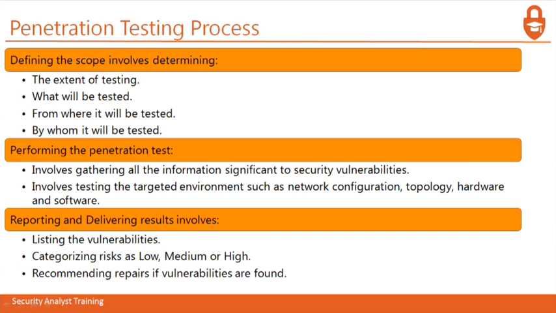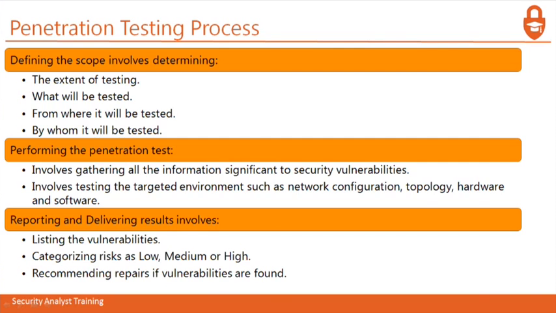So you need to know the range of your testing. Where does it start? Where does it stop? The testing criteria can target the entire network and system, or it can simply target a device, such as your web servers, routers, firewalls, DNS servers, mail, etc. So you have to define that beforehand. That is very critical to know.